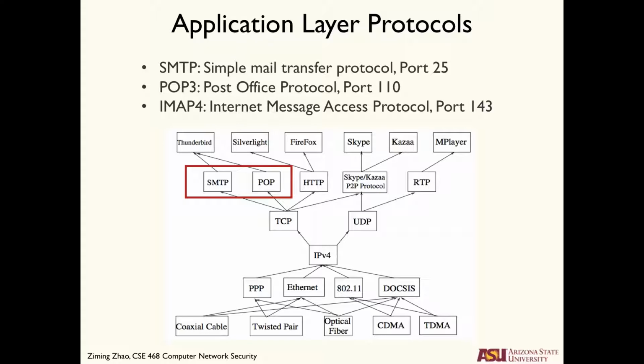Since they are application layer protocols, they use TCP as the underlying protocol. And since they are application protocols using TCP, we can use TLS or SSL to protect them. But later we can see that TLS or SSL cannot offer the security features we want for emails.